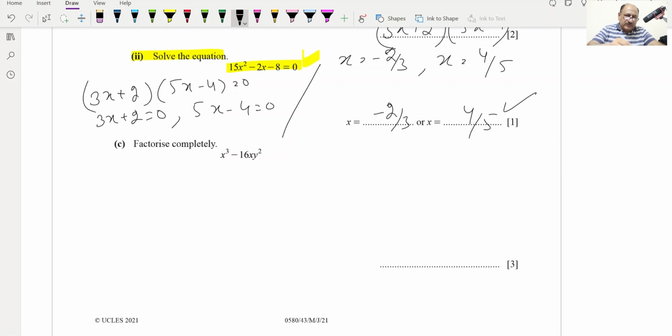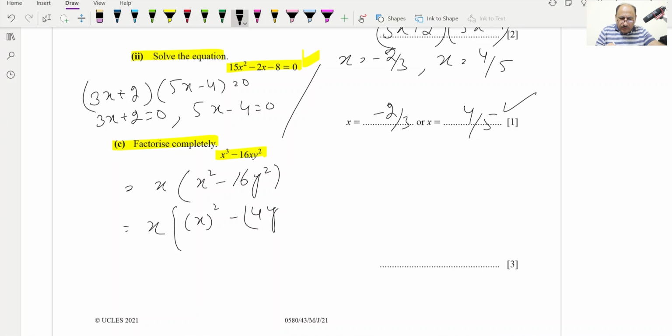Now next, part C is saying factorize completely. This is given. I will have to take the maximum common factor. We can take x common. Inside will be x squared minus 16y squared, and we can write this as x squared minus (4y) whole squared, like this, and we can use the formula. The formula will be a squared minus b squared is equal to (a plus b) into (a minus b).